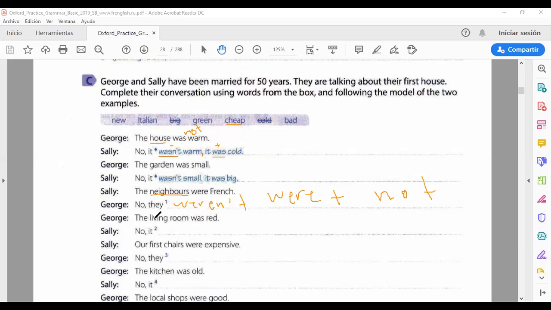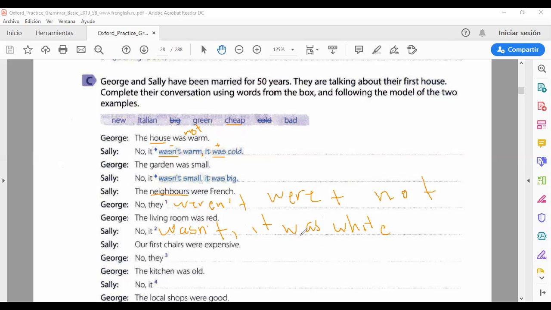Okay, now, the living room was red. No, it wasn't, because I'm talking about one living room. Okay, no, it wasn't, it was, let's say a different color, white.